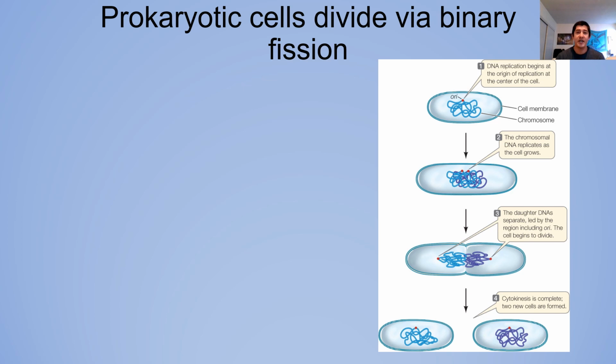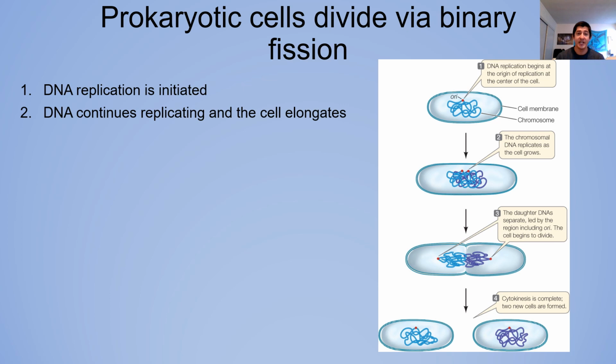Prokaryotic cells divide through a process called binary fission. We have this picture on the right that is visualizing this process, and I've just kind of summarized those steps. So when the cell is ready to duplicate itself, the DNA is replicated or copied.